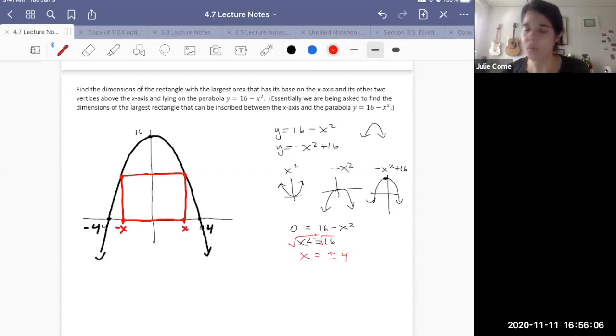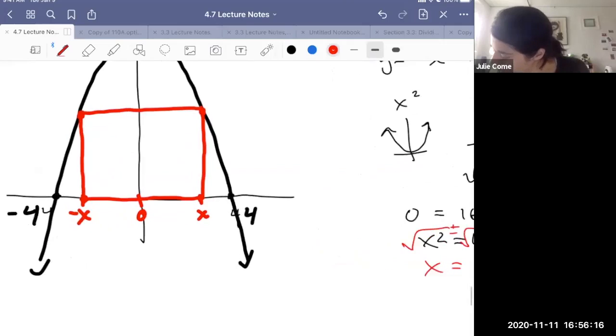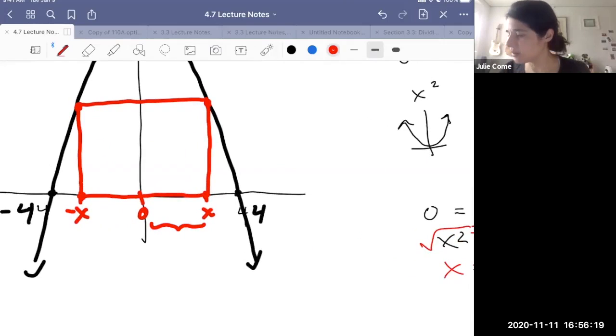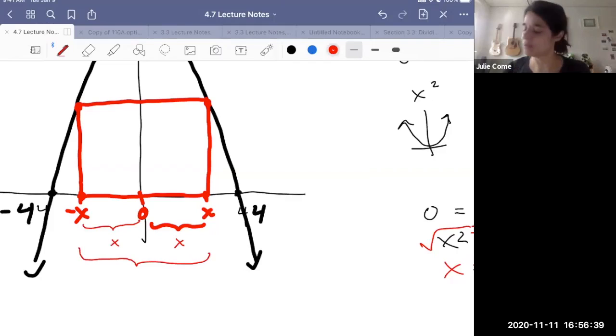So this is a point on the X axis that I'm going to call X and call this one negative X. If I do that, then the distance from here to here would be a distance of X units, whatever X is. X could be 2 or 3 or what have you. And the distance from 0 to negative X is also a distance of X units, which means that the base of my rectangle could be expressed as having the dimension 2x.